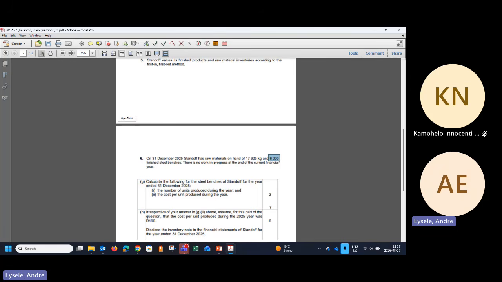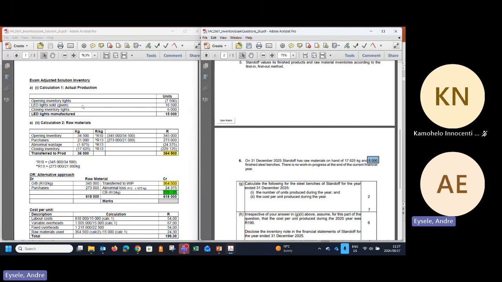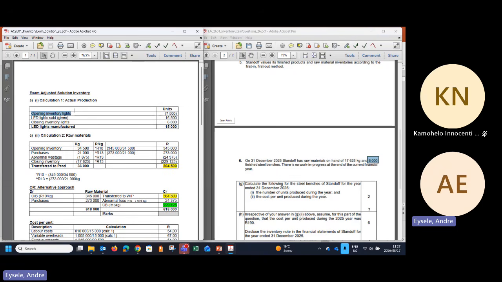That will give you your manufactured items. Colleagues, there it is, opening inventory. It's an adjusted exam question, but it's exactly the same scenario. So 7,500 is the opening stock.